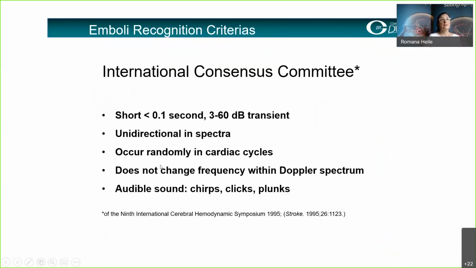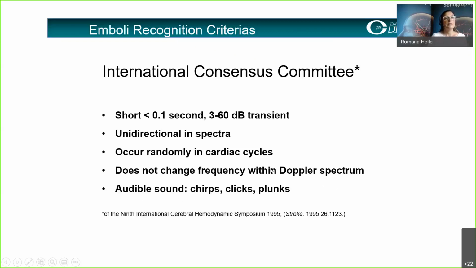And the algorithm is checking: is this event short-term? Yes or no? Is it unidirectional in the spectra? Yes or no? Is it random in the cardiac cycle? Yes or no? Does it change frequency within the Doppler spectrum? Yes or no? Is the sound audible?